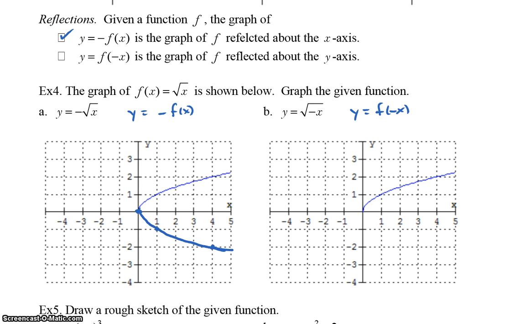For example, 1, 1 is now at negative 1, 1. 4, 2 is now at negative 4, 2. So again, the shape is the same, but the orientation has been reversed so that now the graph opens to the left rather than to the right.